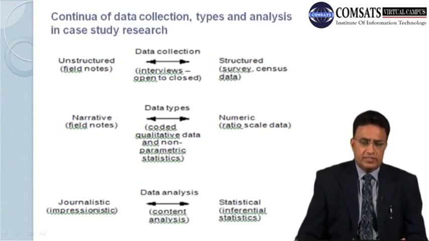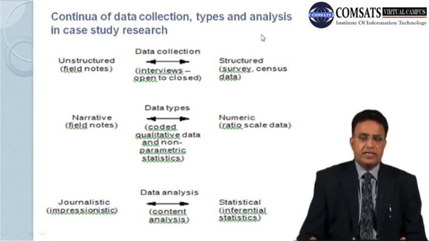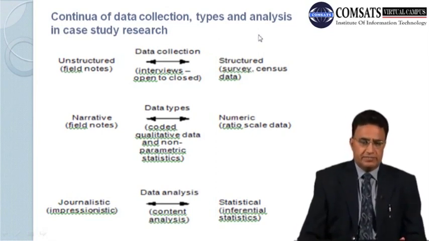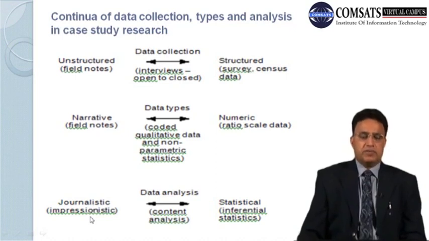So you can look at this diagram, that is a continuum of data collection, types and analysis in case study type of research. Well, you see that there are three columns. On the first column you have unstructured field notes, and second you have narrative field notes, and third you have journalistic or impressionistic.